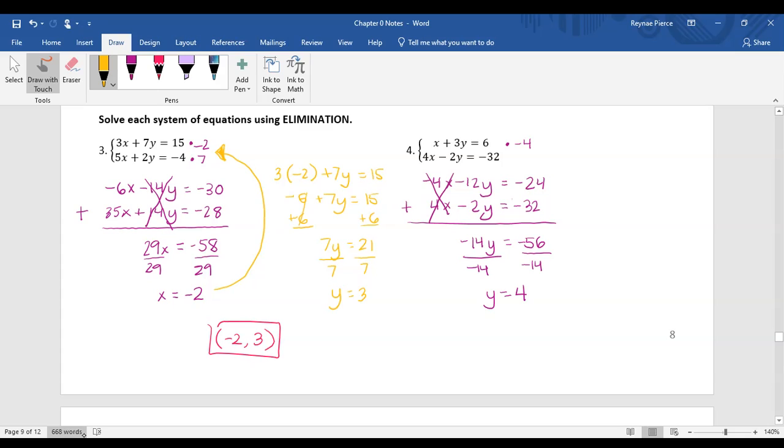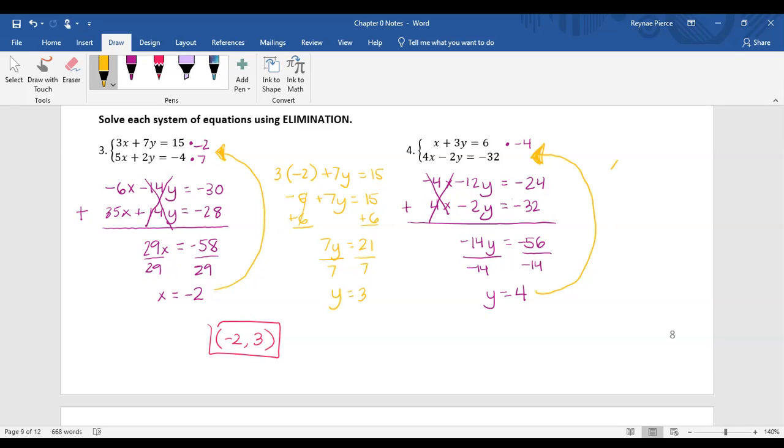Now again, I'm going to take this y value and it's going to go into either one of these two equations. If you want to say, oh, I'm always going to put it into the top equation, great, do it. If I'm always going to put it into the bottom equation, cool. If you're like, I'm going to see where the wind takes me, and you pick a different one every single time, that's fine too. Okay. I'm going to go ahead and put it into the top equation since x is totally by itself.